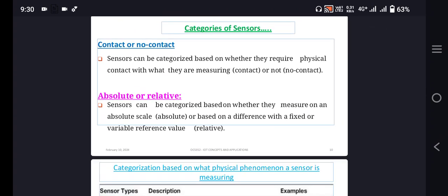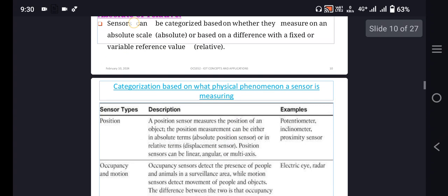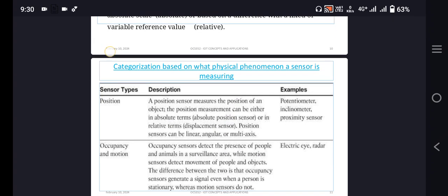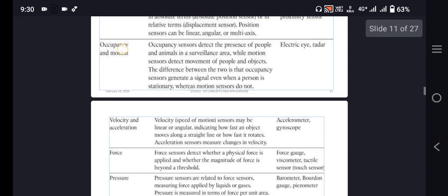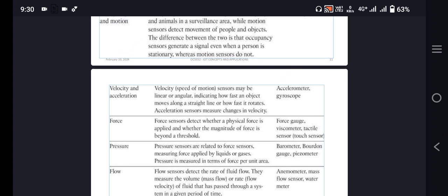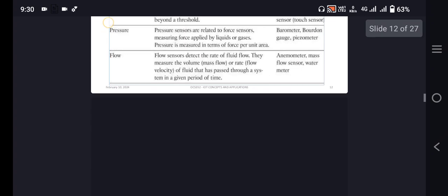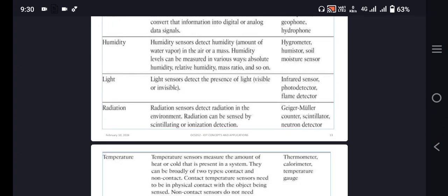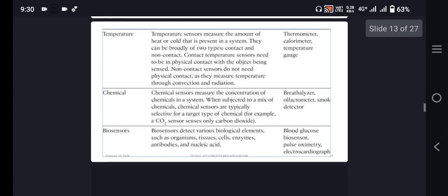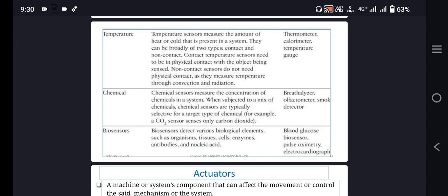Absolute or relative is based on whether they measure on an absolute scale or a fixed or variable reference, which is called relative. Other categorizations are position type, occupancy and motion, velocity and acceleration, force, pressure, flow, acoustic, humidity, light, radiant, temperature, chemical, biosensors.